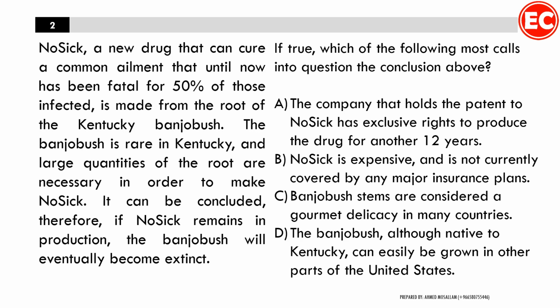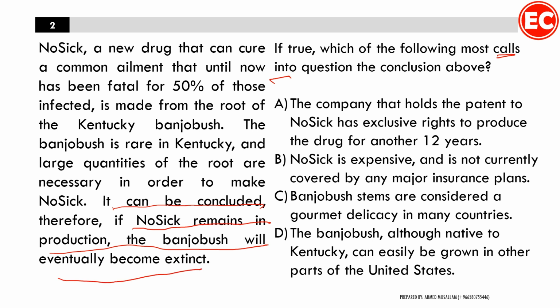There's the other type here, when you have a question like this. If true, which of the following most calls into question, this is the keyword here, calls into question, a negative phrase that means undermine or weaken, the conclusion above. So there is a conclusion here. Therefore, if no sick remains in production, the banjo bush will eventually become extinct.